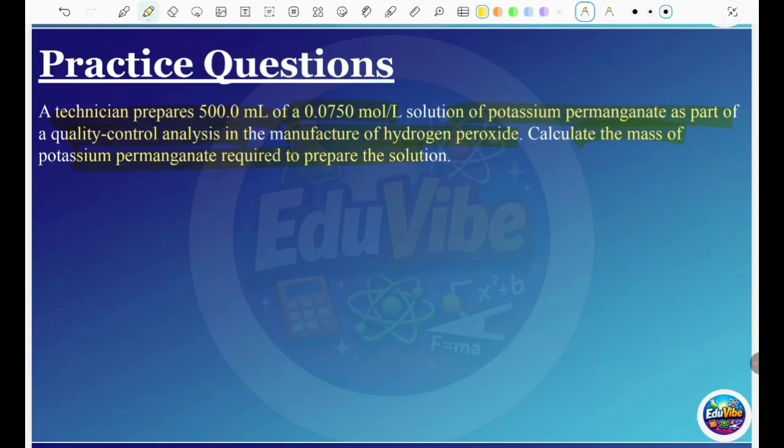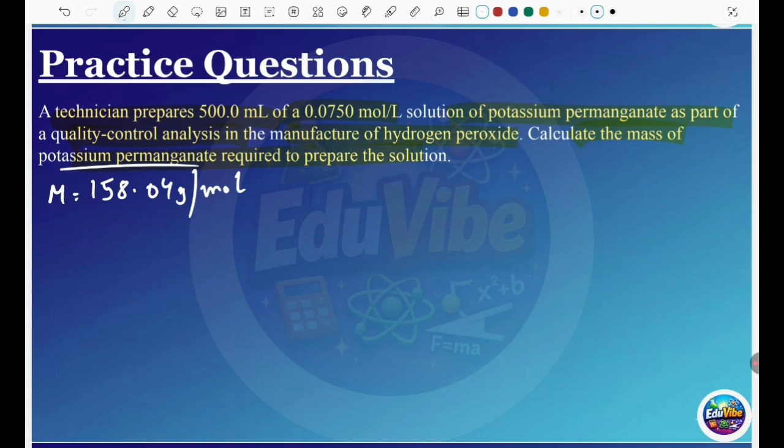You need the molar mass for potassium permanganate too. Potassium permanganate is KMnO4, so the molar mass is 39.10 plus the other elements, and you get about 158.04 grams per mole.